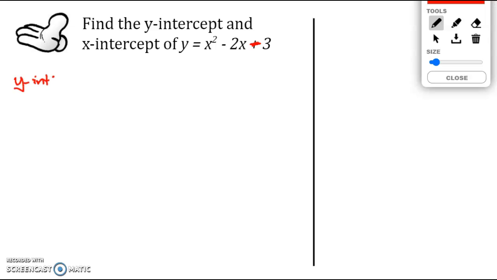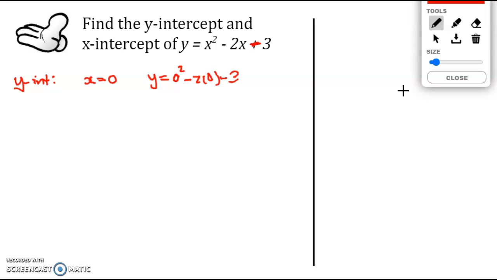What do we know about the y-intercept? We know that the x-coordinate is always going to be 0. So that means we can find the y value when x is equal to 0. So that's going to be 0 squared minus 2 times 0 minus 3.